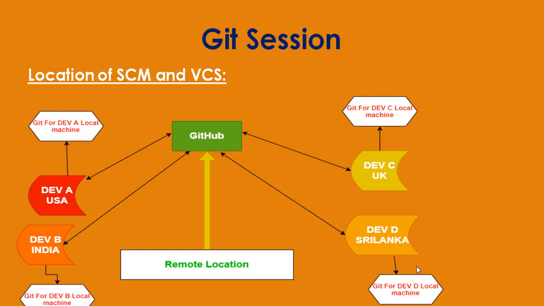So through this we can access GitHub remotely. It is in a remote location where it can be anywhere in the world, even USA, UK, everywhere. So through Git, every developer will connect to GitHub, or the remote location, through internet connectivity. So this is the better understanding between version controlling system and SCM.